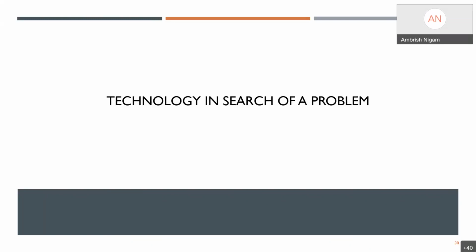Another mistake is technology in search of a problem. Sometimes people love a certain kind of tech. Today it might be crypto, tomorrow something else, and they look for some product and category to apply it to, rather than fundamentally solving people's core needs.